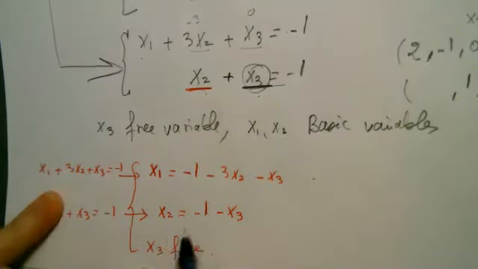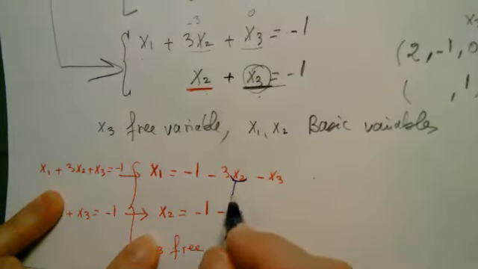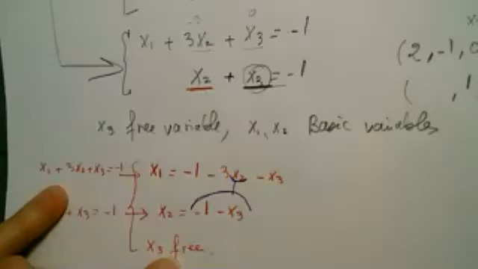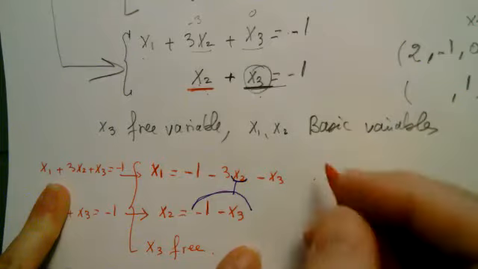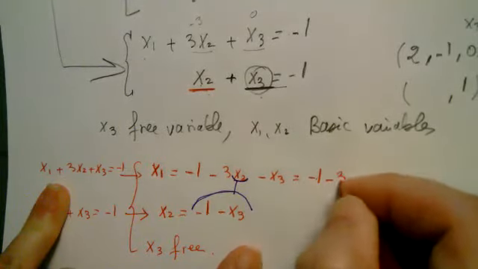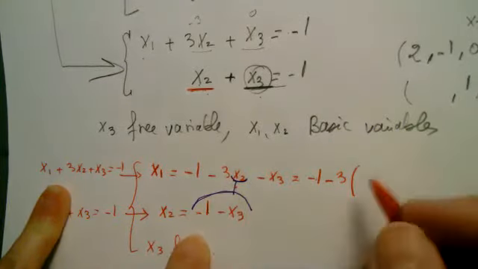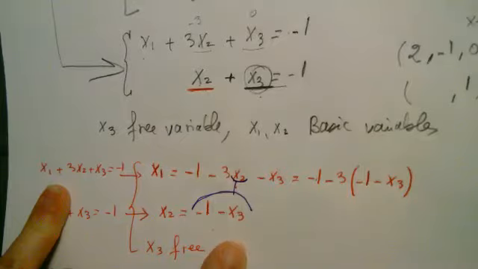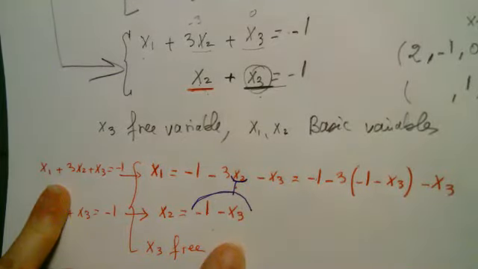It means I now, by back substitution, substitute x2 by its value in terms of x3. So this will give me -1 minus 3 parentheses, instead of x2, I have to substitute -1 minus x3, minus x3. That's how we're going to solve.